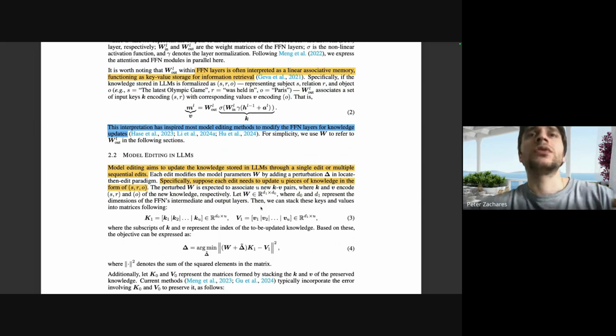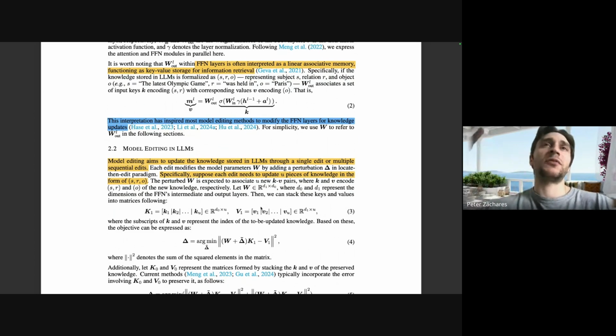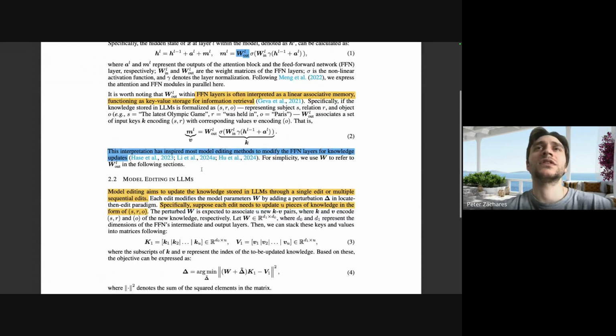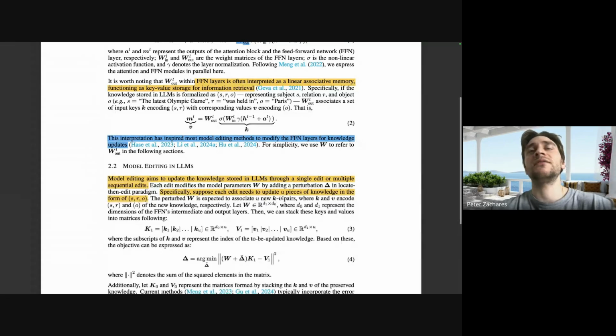Okay, so with this information in mind, how does it work? What you could say is that you have a set of facts, K1 through U. You have U new K, V pairs, where K and V encode your key and then the new knowledge.